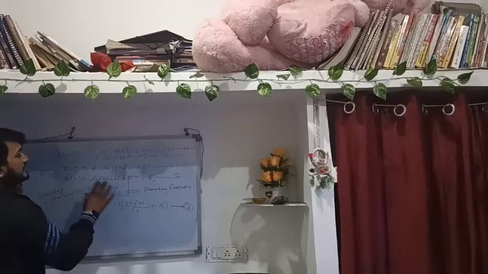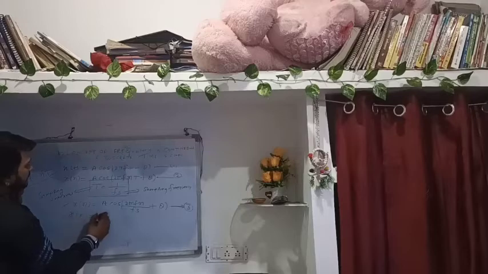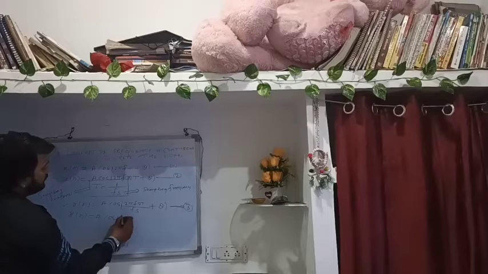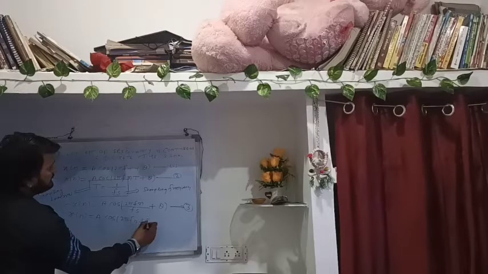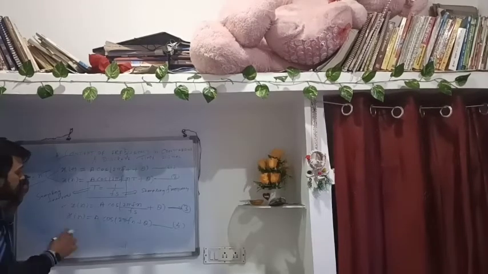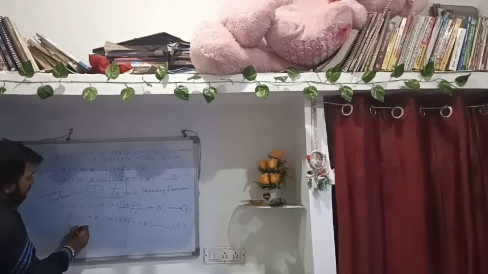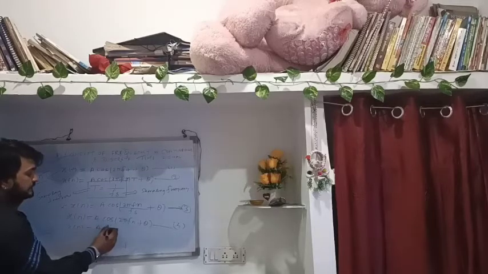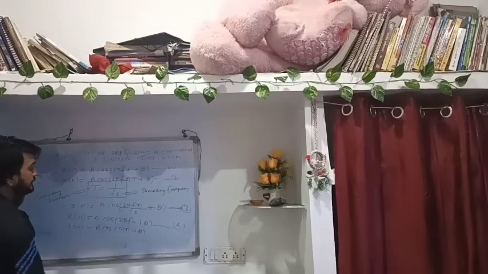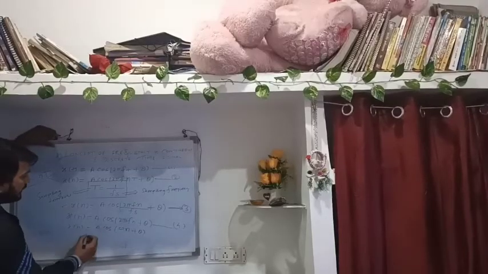And the standard equation of the discrete time signal is x(n) is equal to A cos(2 pi small f n plus theta). We can also write it in the form x(n) is equal to A cos(omega n plus theta).